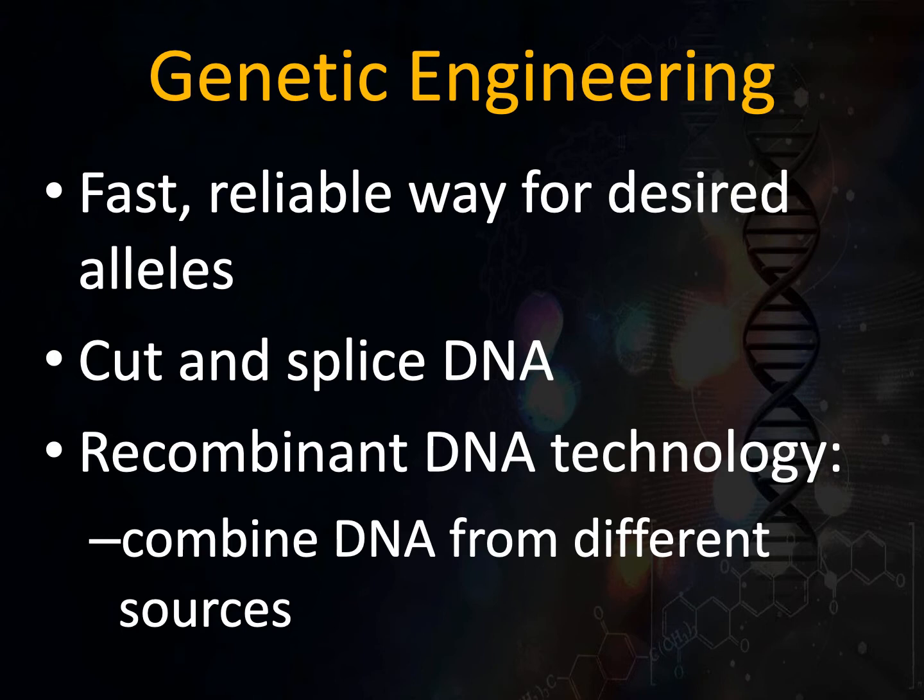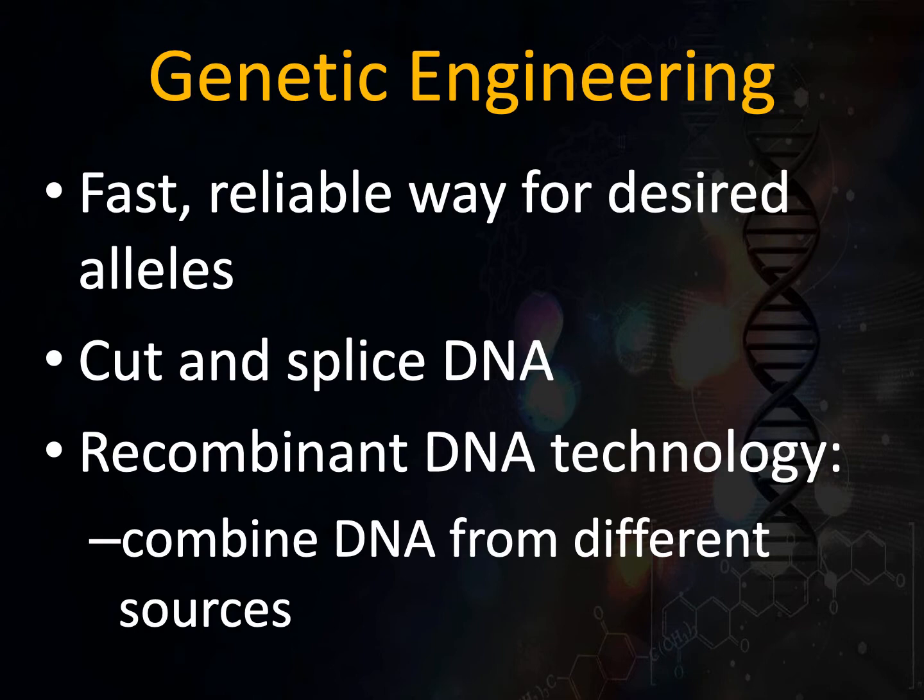We can take genes from any organism on Earth, living or extinct, if we can get the DNA, and we can insert it into another organism, and that organism's machinery can read the DNA. And that's how universal DNA actually is. So this is known as recombinant DNA technology. We're recombining DNA from two different sources, and they could be as different as a plant and an animal, right?